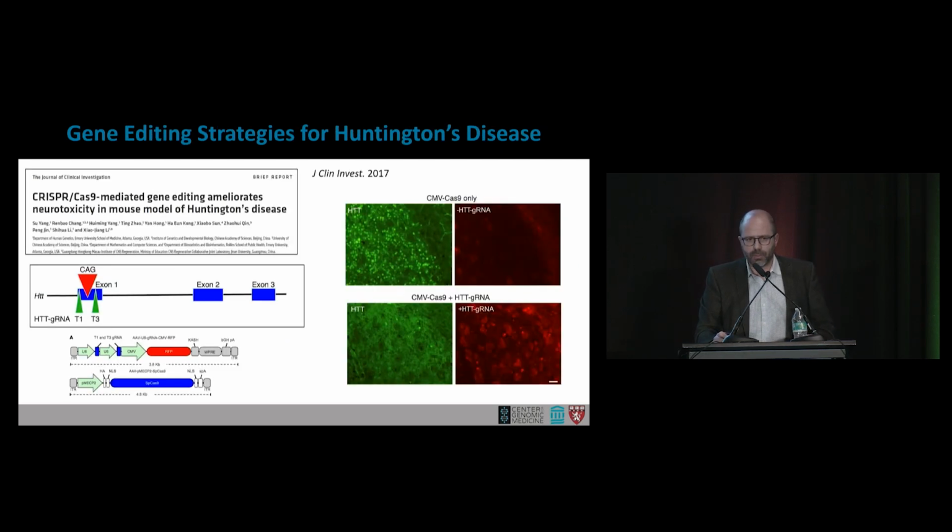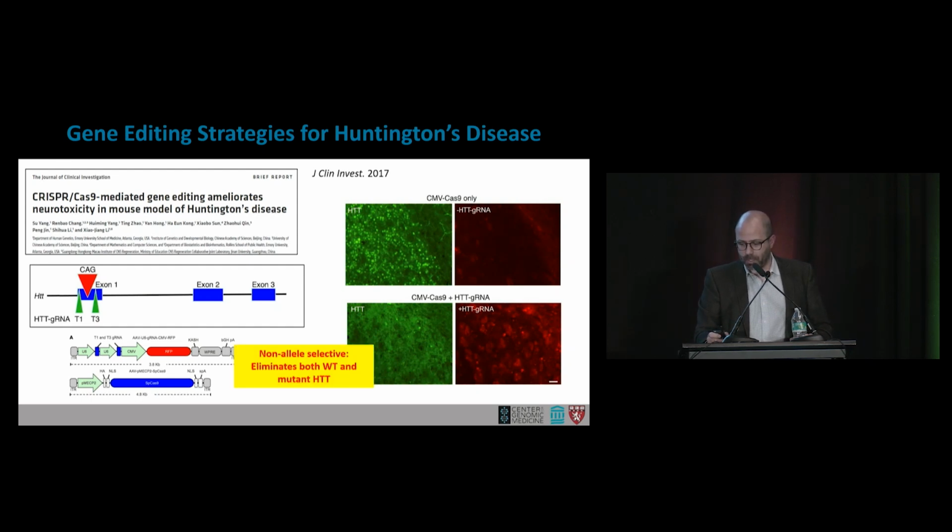Now I'm going to skim the literature, looking at what other people are trying to do, what alternative strategies there are for using CRISPR gene editing in the context of HD. This is one of the earlier papers showing that you could use a double cutter and flank the repeat and reduce the level of mutant Huntingtin aggregation in the brain of, I forget what mouse model this was, I think Q140, if I'm not mistaken.